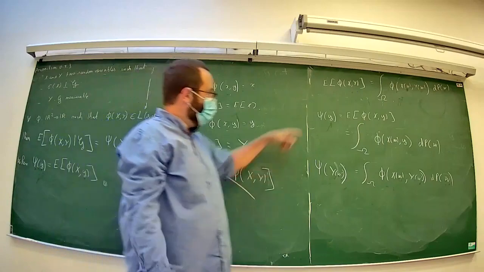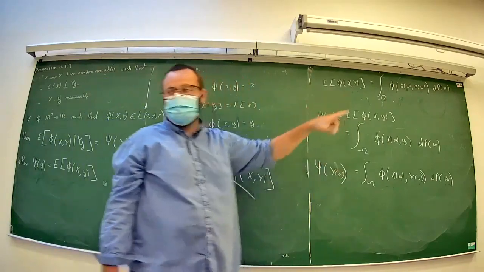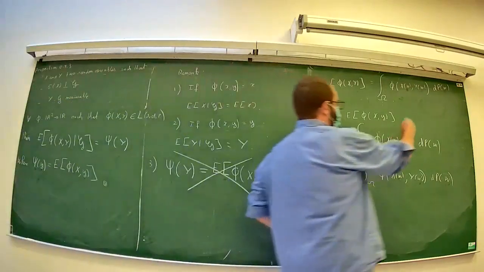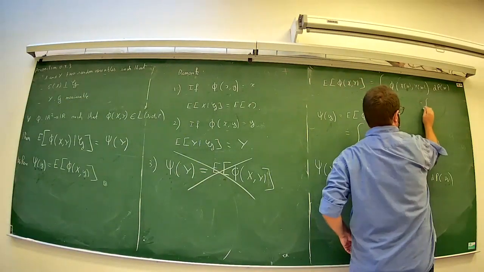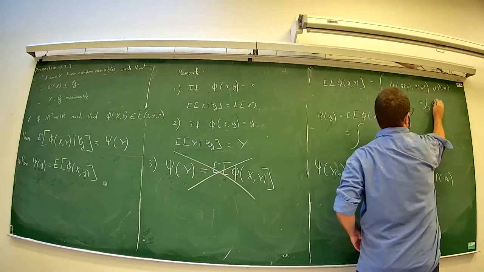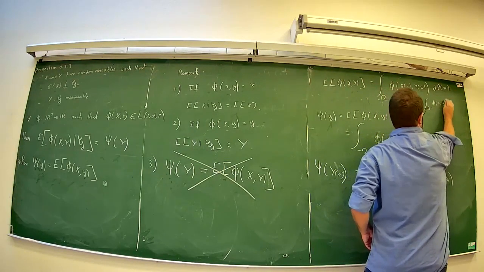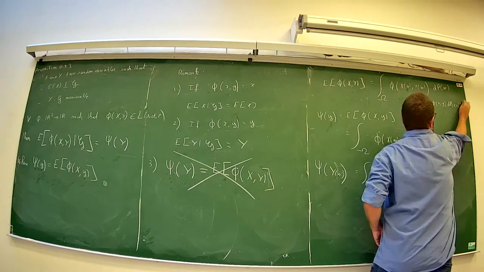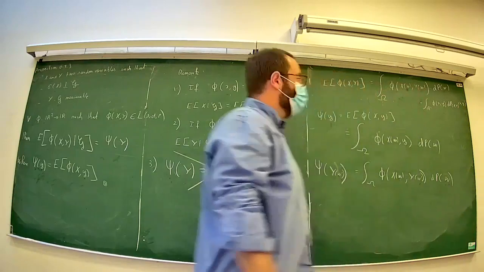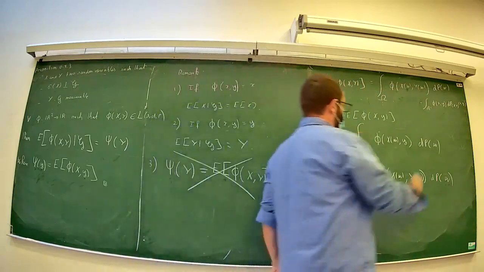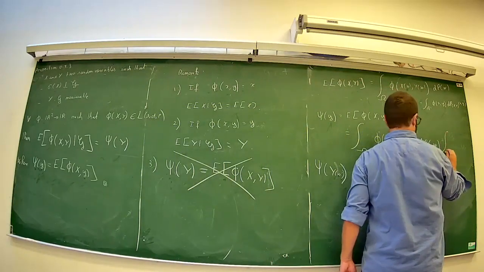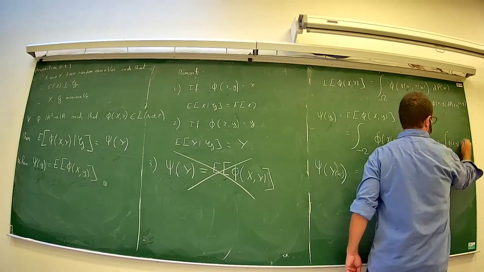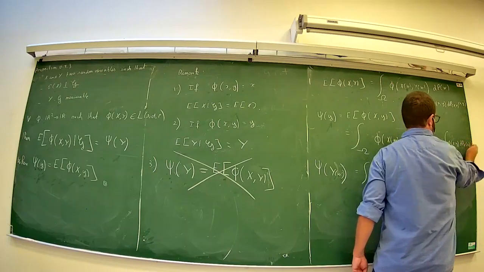Another way to see it, if you want to be a little more complete, is to write the integral over R squared of phi of x, y, dP of (x,y), the distribution of the pair, and here just the integral over R of phi of x, y, dP_X, for example.